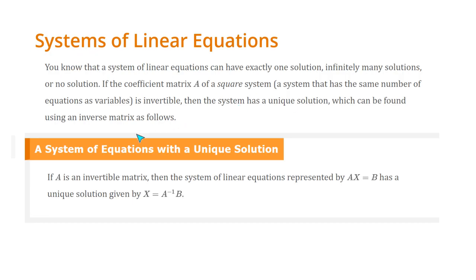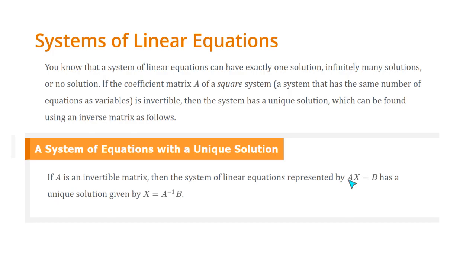So we'll continue here. So the systems of linear equations. In order to solve a system, your system is usually represented as AX is equal to B. And I'll tell you what these variables or letters represent.